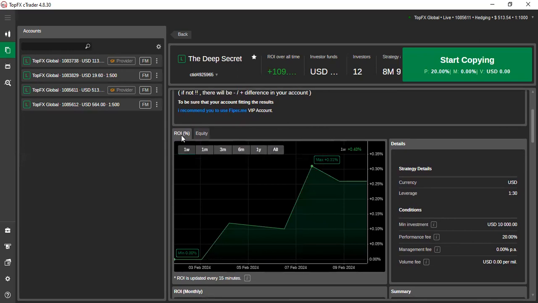So you come to the percentage side, which is the ROI. We have weekly. So this means that in this particular week, this person has been able to make 0.43% on their capital.